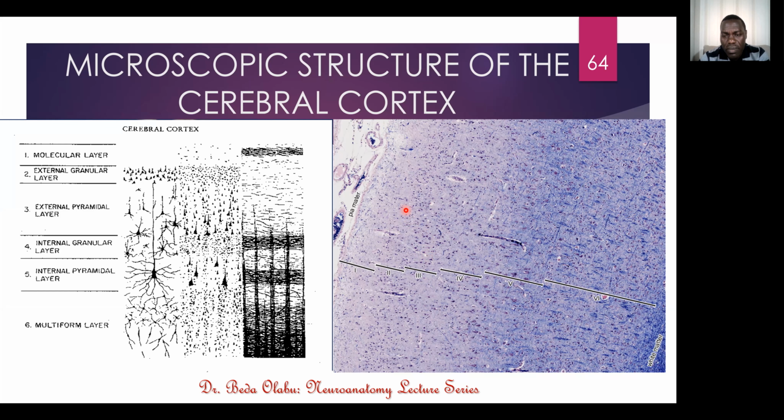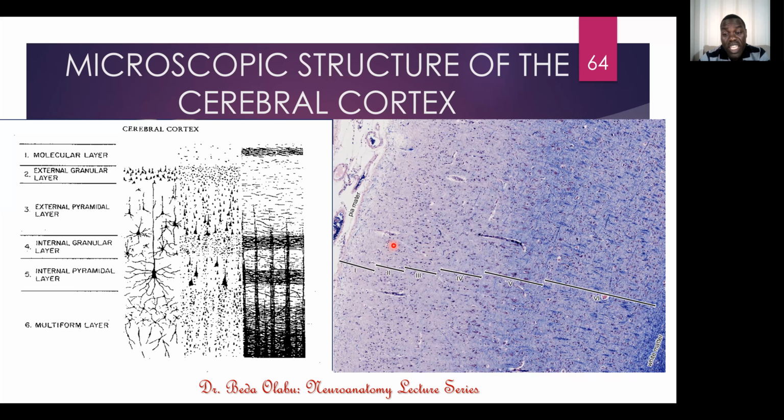That's how it works. Or if it is a commissural fiber, it will come from layer 3 on one side of the cortex, then cross the midline and terminate in layer 2 on the opposite side of the brain. So layer 3 becomes an output center for commissural and association fibers.